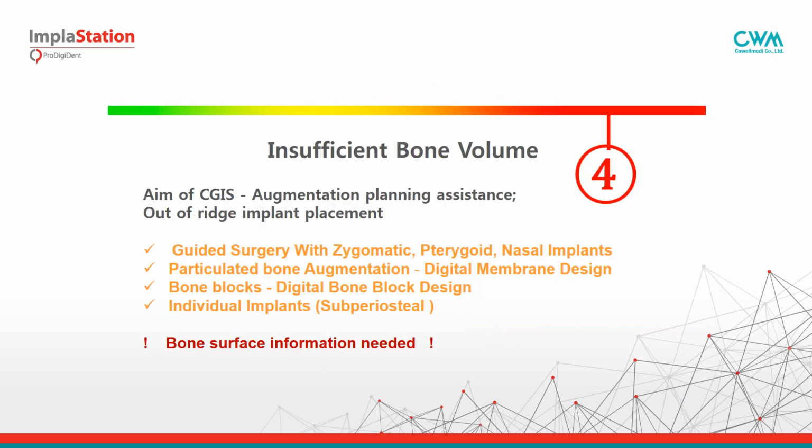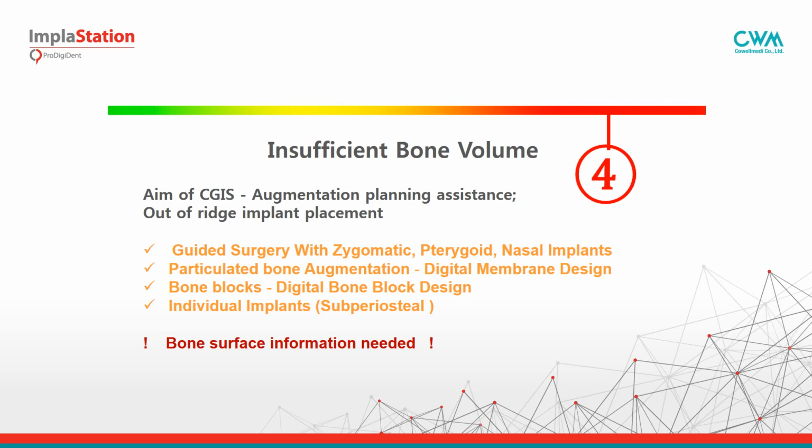And what about insufficient bone volume? It might seem that this is a limit for guided surgery, but not for ImplaStation. It's pretty clear: if there's not enough volume in the crest area, it's possible to place implants outside the crest or increase the alveolar crest volume.